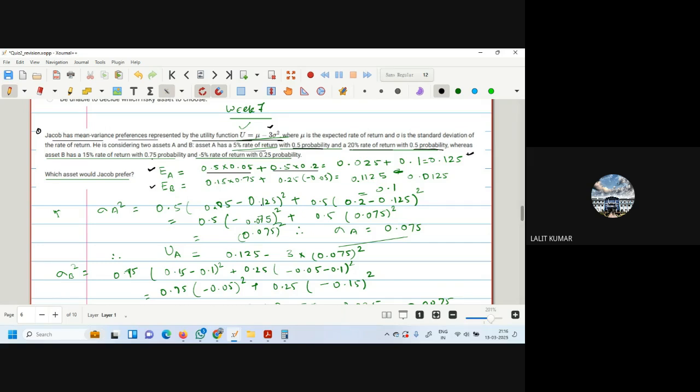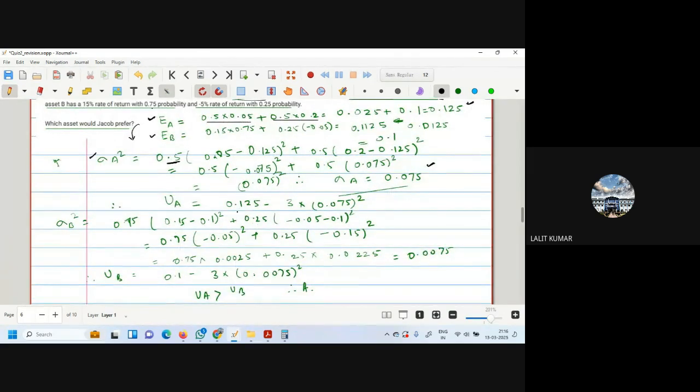So in A he gets 0.125, in B he gets 0.0125. And we also find the sigma, the variance also. For the variance, for the first, we use the probability 0.5 with the mean 0.125. So the variance of A is 0.075.